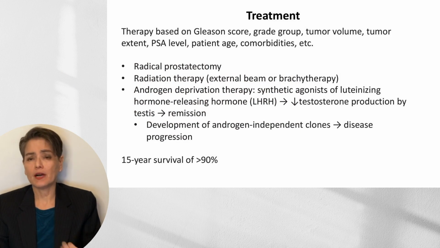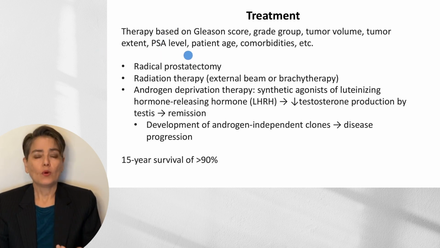So how do we come up with therapy for our patients? There are a lot of considerations. We want to look at our Gleason score, our grade group, the tumor volume, the tumor extent, so that's looking at staging, what the PSA level is, the patient's age, comorbidities, etc. So this is a very involved discussion for you to have with your patient.